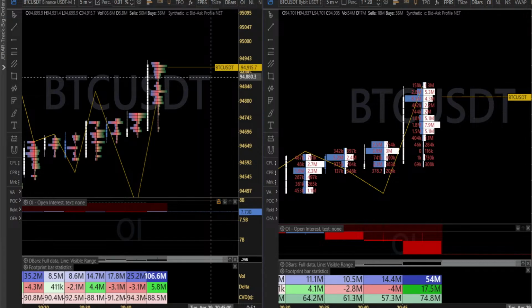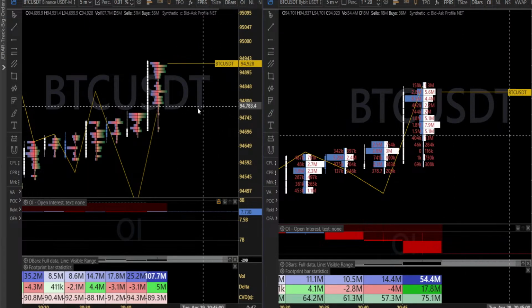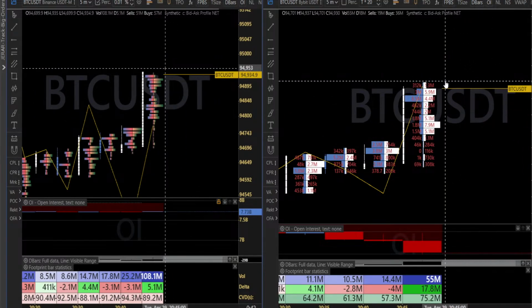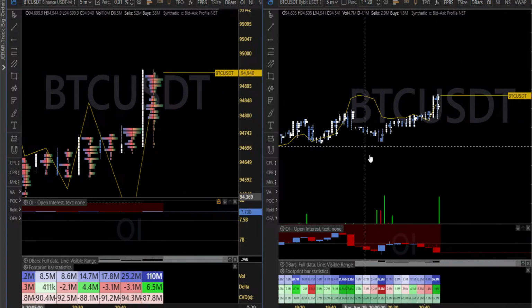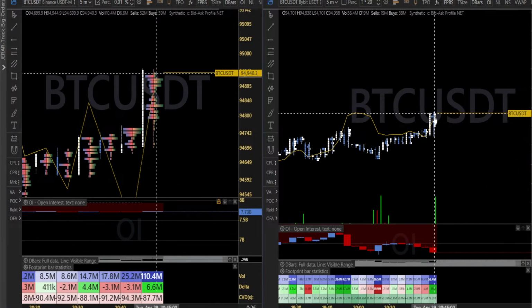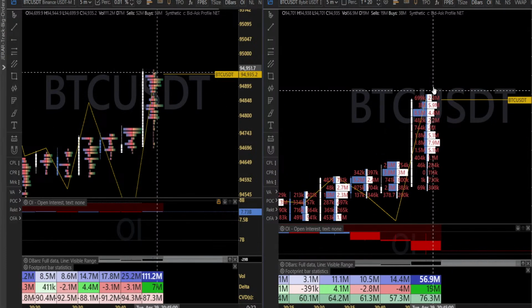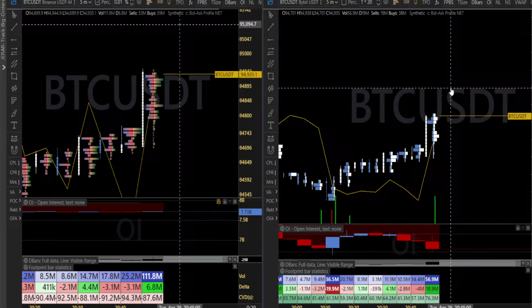Some decent volume on buyouts in this candle, 100 million. Delta's kind of neutral. This short starting to get squeezed. This might be him, some similar size in there. No way to know if it's the same trader though.